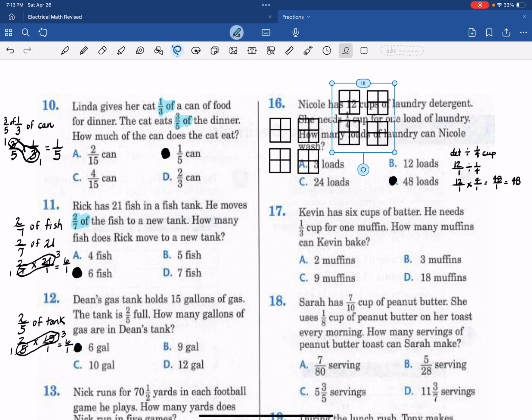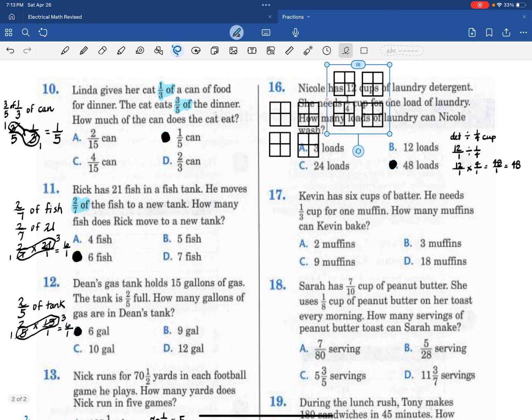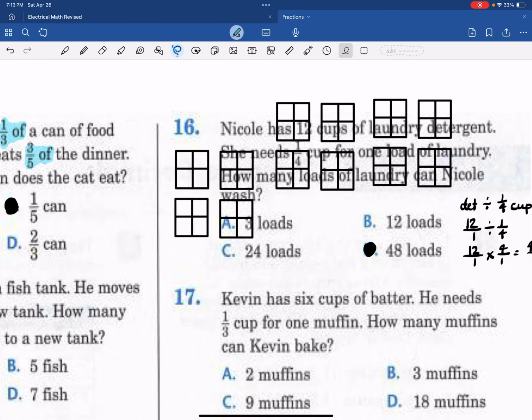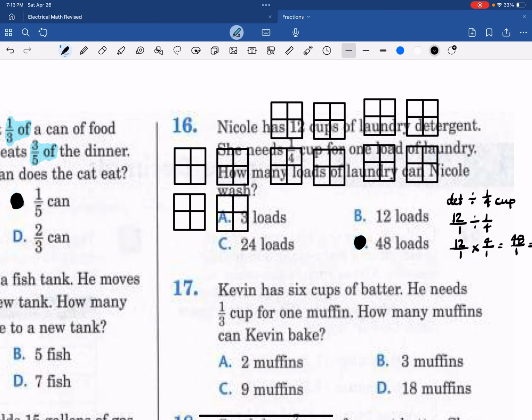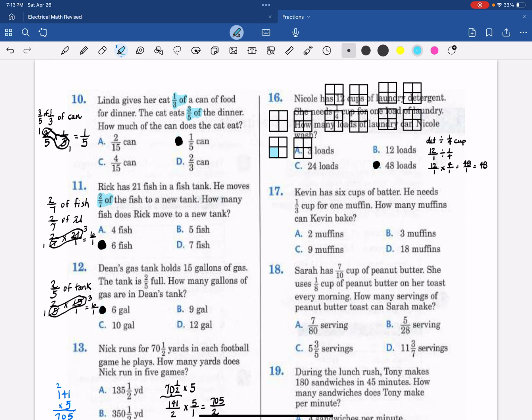Okay, there are 12 cups, and she wants to know how many loads she can do if this is one load. How many of these are there in this amount of detergent? And you could count those to get 48 if you were so inclined.